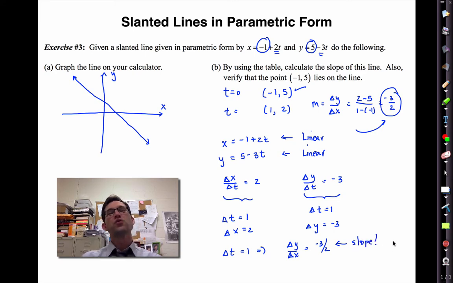So it's kind of weird. There's really three slopes in this problem. There's the rate that x is changing with respect to t, there's the rate y is changing with respect to t, and then there's the ratio of the two rates, which actually gives us how fast y is changing compared to x. Fair enough? I'm going to clear out this text, so copy down anything you need to.